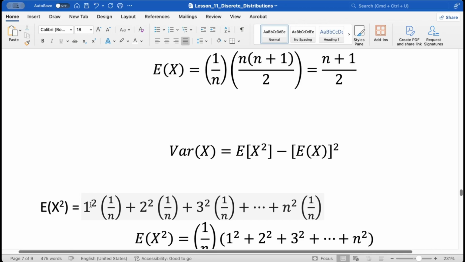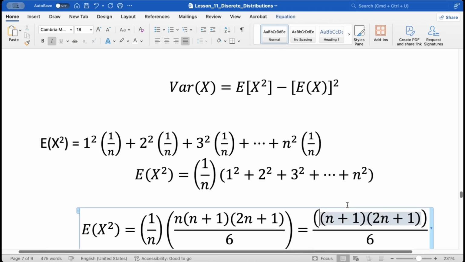So for e of x squared, we're squaring each of the possible values times the probability 1 over n. 1 over n factors out. We have the sum of squares here, and that sum is n times n plus 1 times 2n plus 1 over 6. So one of the n's cancels out. It's n plus 1 times 2n plus 1 over 6.